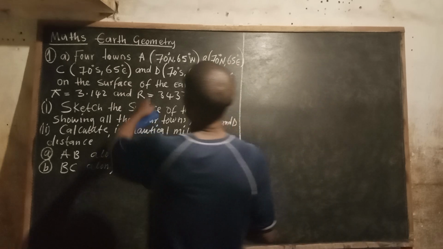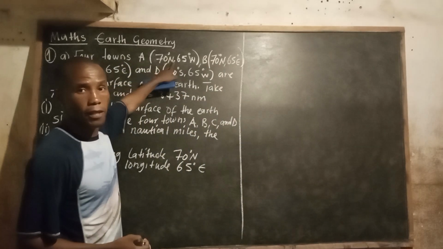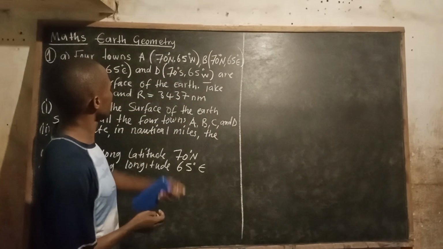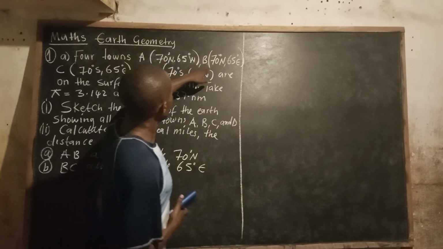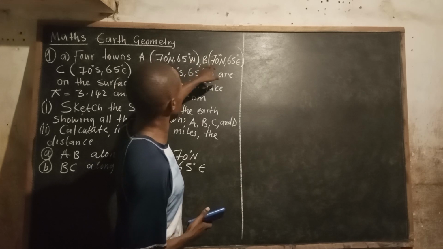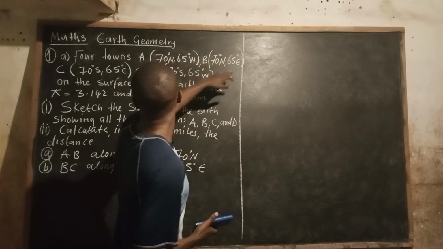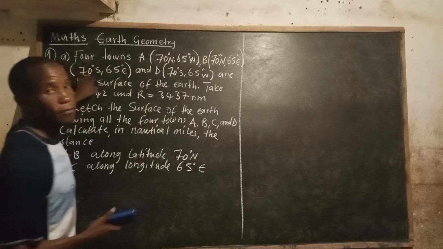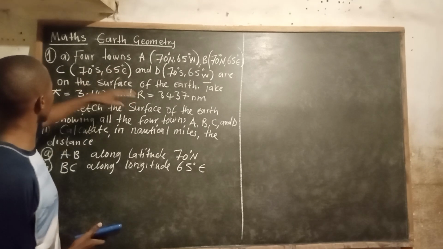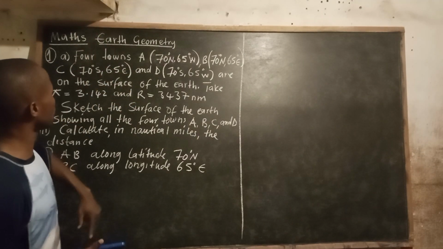Here we have 70° north, which is a line of latitude, and we also have 70° south latitude. So we have 2 lines of latitude: 70 north and 70 south.